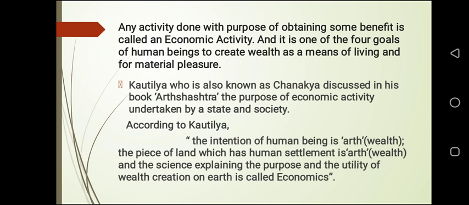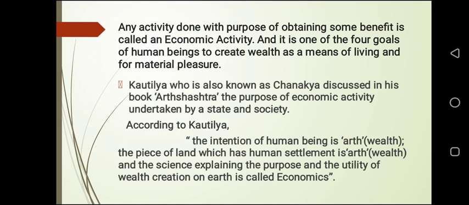Means the purpose of a person who is living on this earth, what is the purpose? His purpose is to make wealth. Second, the piece of land which has human settlement is also artha, or we can say it is also wealth. Like a person who has one piece of land and he is living on that piece of land, making his settlement house on that particular piece of land, that is also called wealth and artha.